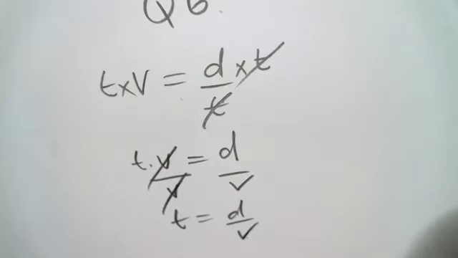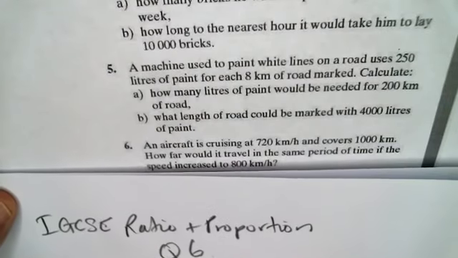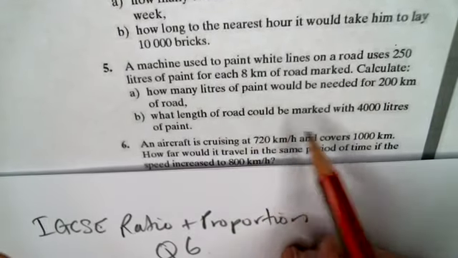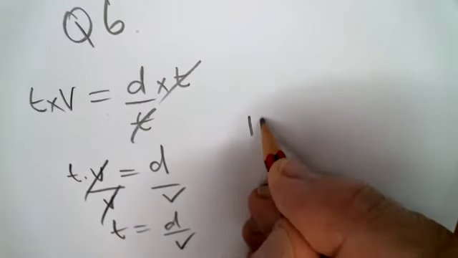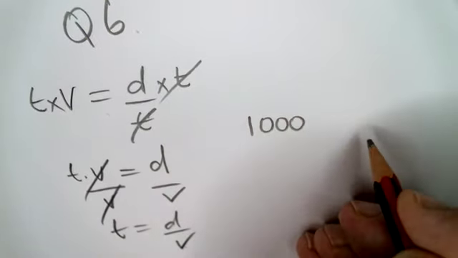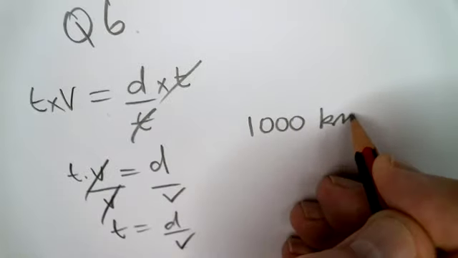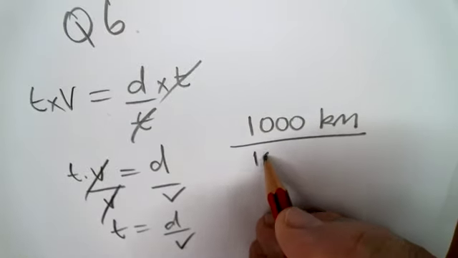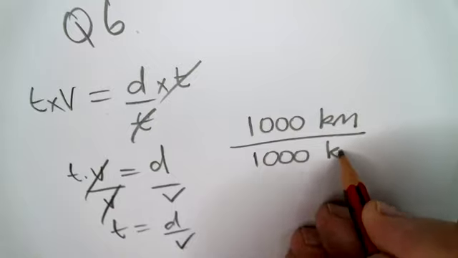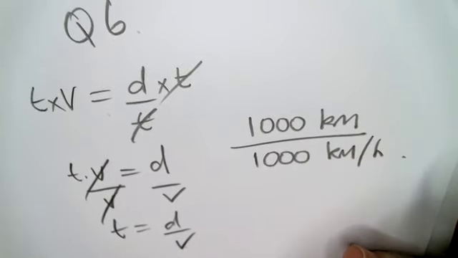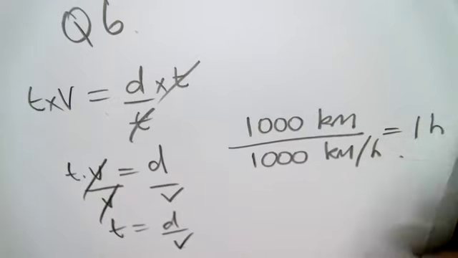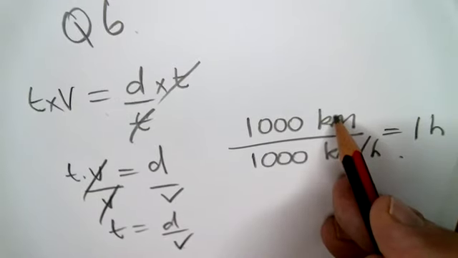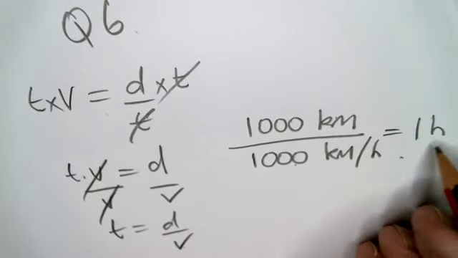And this makes sense because the question, of course, asks a certain distance, certain velocity. If you were to travel a distance of 1,000 kilometers at 1,000 kilometers per hour, you would travel the whole thing in 1 hour.